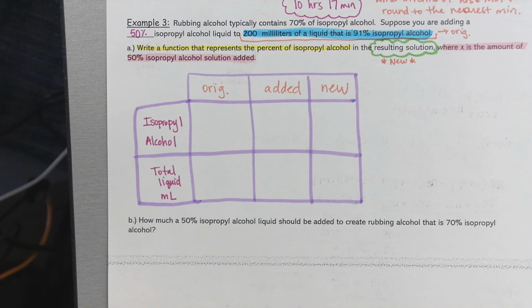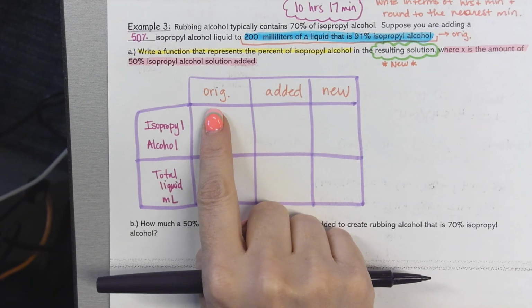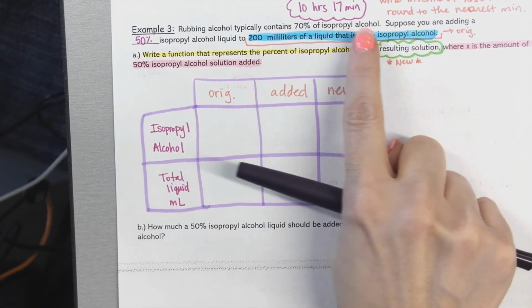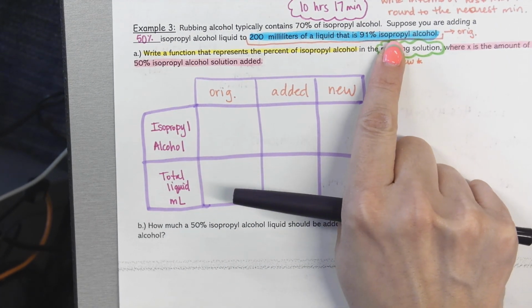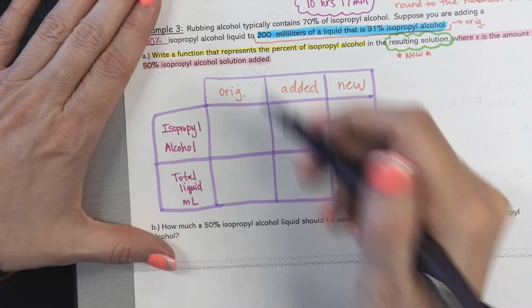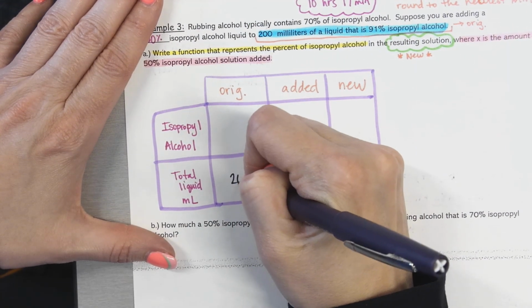All right, so we're going to start with the original. So in the original, you have 200 milliliters of the 91%. Okay, so for the total liquid, we have the 200 milliliters.